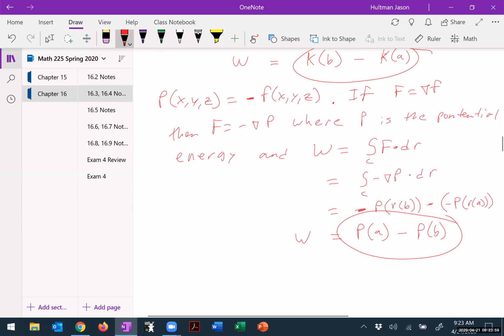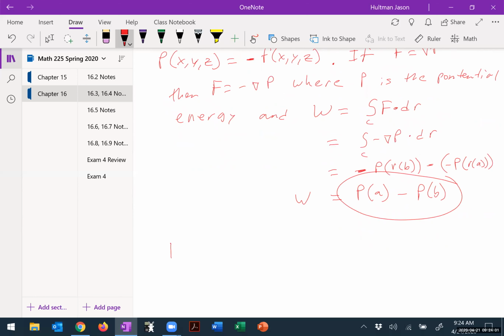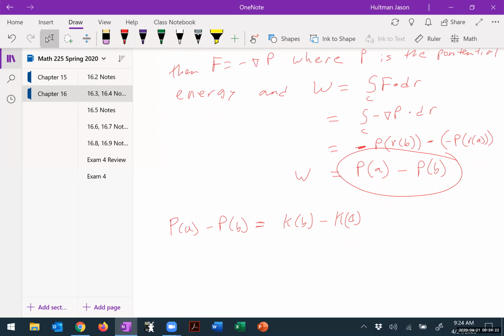I'm going to start with the potentials. PA minus PB is equal to KB minus KA. And I'm going to put all the A's on one side and all the B's on the other. So push that over there and push that over there, and what do we get?